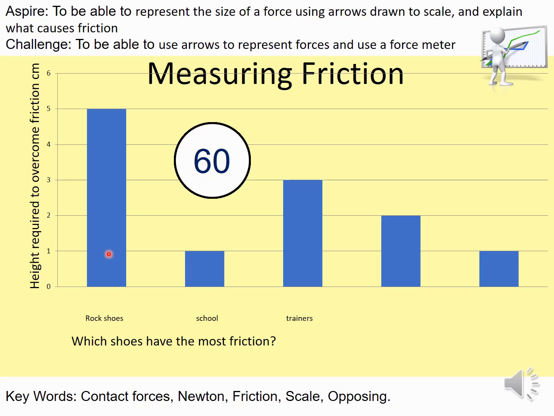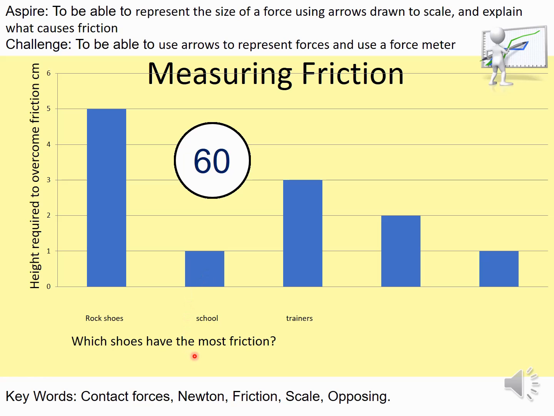It's very sticky, and we had to lift it to 5 centimeters to start that particular shoe sliding on the surface that I used. The one with the next friction is a training shoe, and coming up at the back, very hard soles of my school shoes, and they're not very good and grippy at all, especially in the snow, and we're going to come back to that particular idea later.